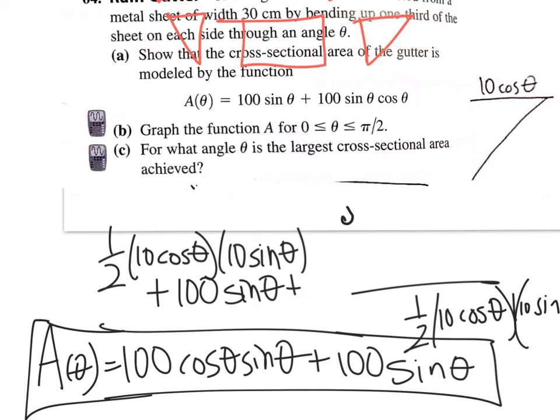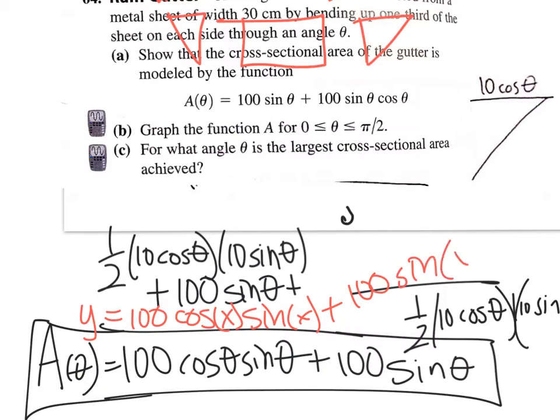Get your Desmos out, type this in, and you could type it in as y equals 100 cosine of x sine of x plus 100 times sine of x. Make sure that it is in radians and go to the little wrench thing in the top right corner and set the x-axis scale to pi.